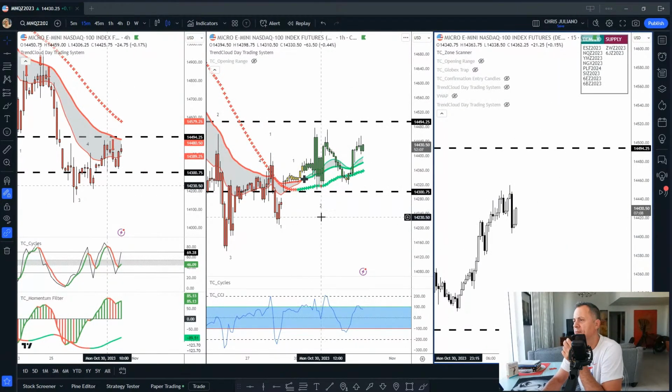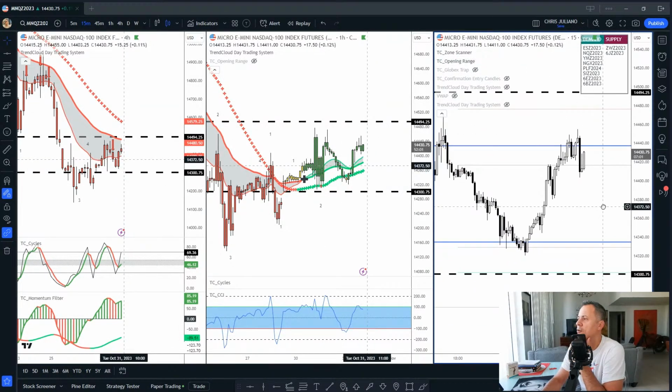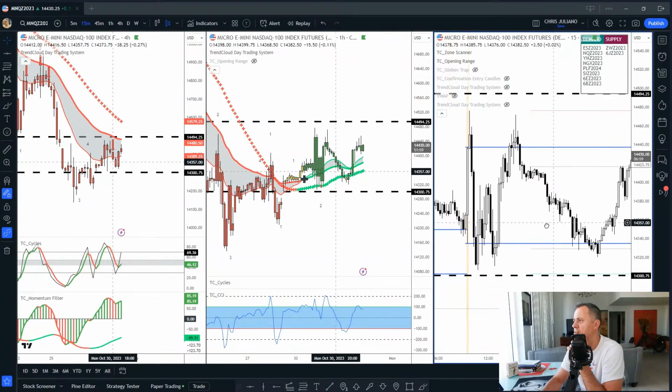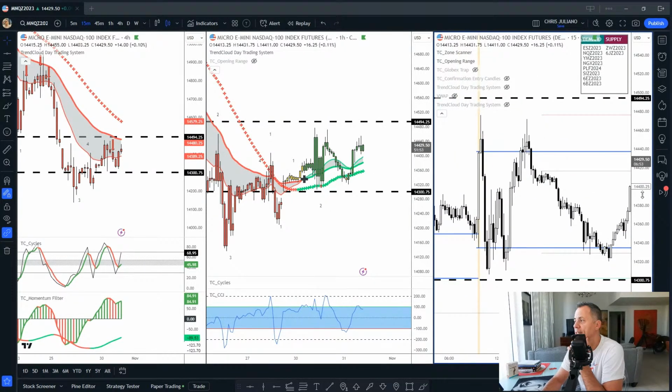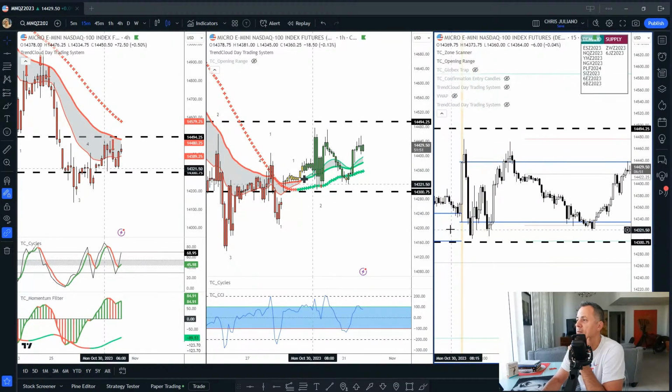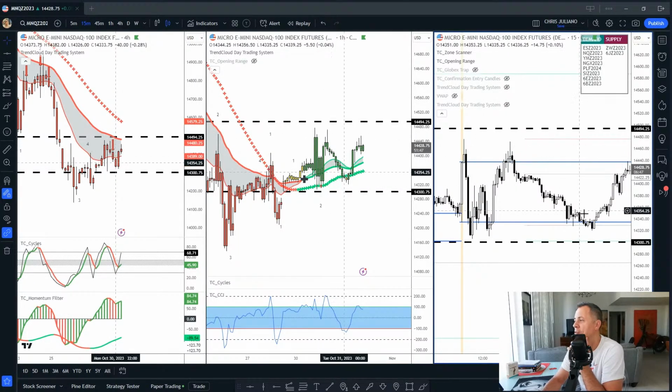We don't have enough information to really take that opening range, right? So this is yesterday's opening range right here, and you can see what it did, right? It broke to the upside, broke to the downside, and again to the upside, again to the downside, sideways movement.